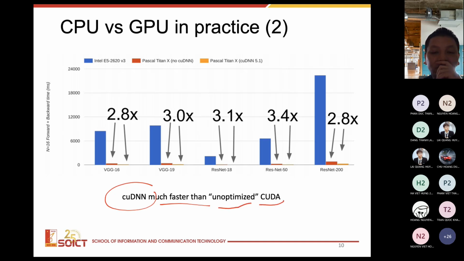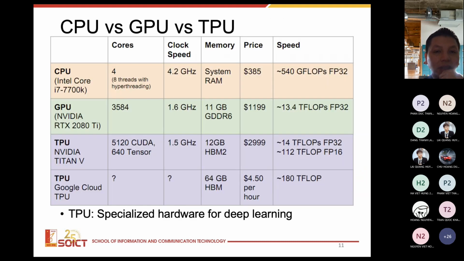It is just the GPU used with a special library designed optimally for neural network computation. You see the speed up is about 3 times, around 3 times for every different network architecture.